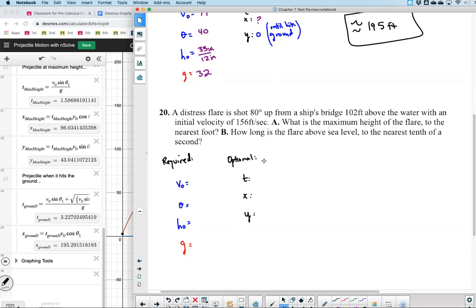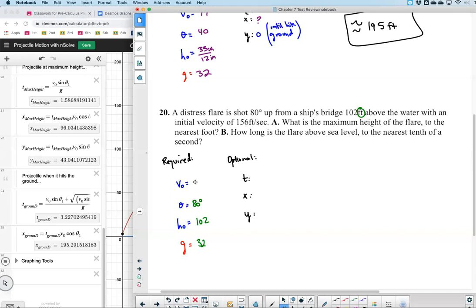All right, so going through there, they gave us the required angle of 80 degrees. The bridge is 102 feet above the water. What is that? Is that my initial velocity or my initial height? Height, that'd be 102. We're in feet. Gravity is 32 feet per second squared.